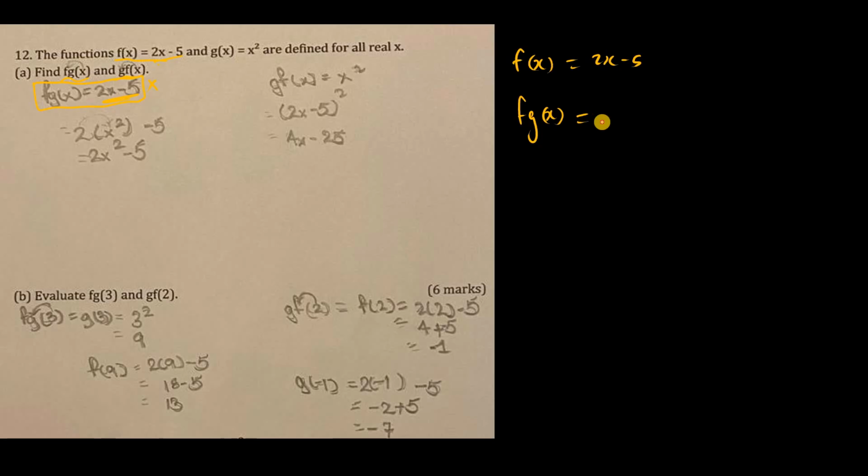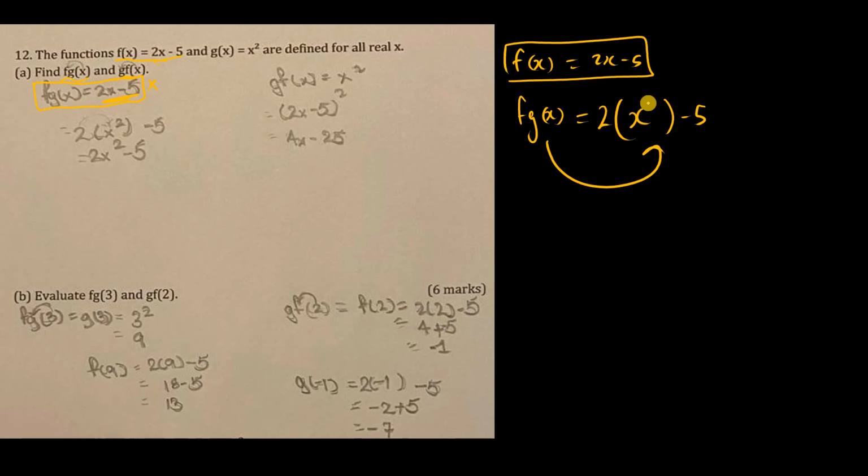So inside of f, we're going to replace that x. Right now it's f of x, but we want to put g inside of it. And the function for g is x squared. So it's 2x squared minus 5. While this is correct here and here, the initial part is incorrect, so you might lose a mark.